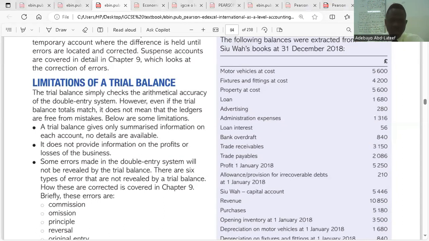Just going to use the calculator here. So our total debit and total credit, I'm just going to try to do it out.